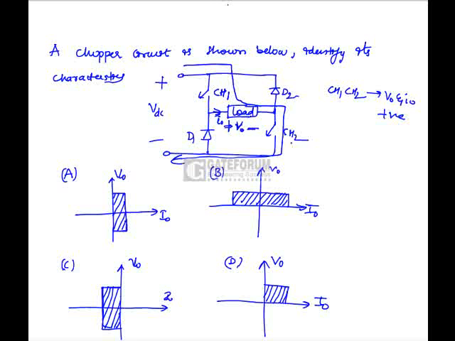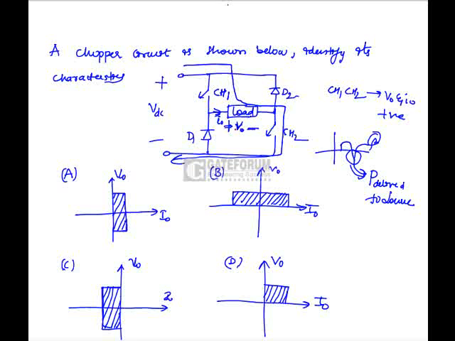When CH1 and CH2 are conducting, V0 and I0 are positive. Suppose you have an RL load. With an RL load you have a positive voltage as well as a negative voltage, because of the extinction angle beta. Because of this, for a short period of time the power will be delivered to the source. Similarly it happens in this chopper also.